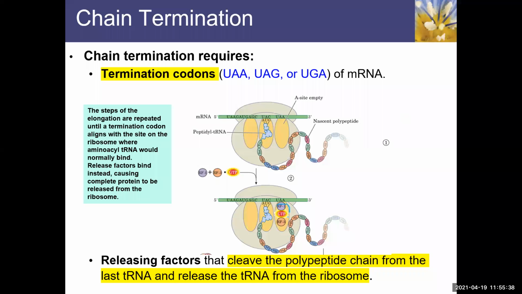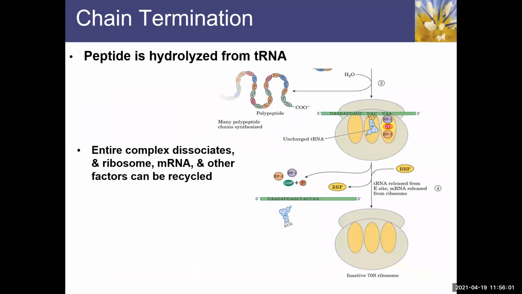The release factor will come into this A site and give the information to the ribosome that, okay, we are done. We need to cleave, or remove, this amino acid chain. Once it is released, it will be folded into a tertiary structure, quaternary structure, whatever structure it has to be, and the ribosomes will again dissociate.